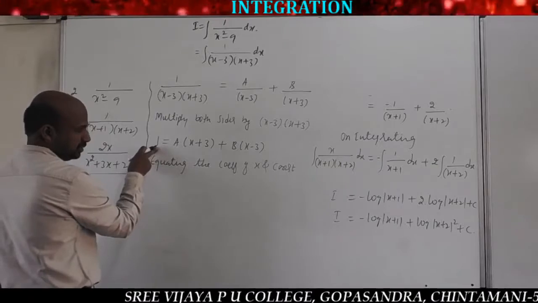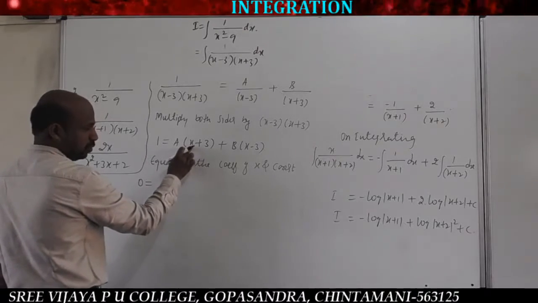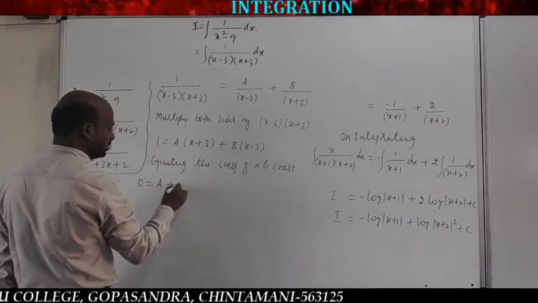So here there is no x, so it is 0. Here a into x, so the coefficient of x is a. Here b into x, the coefficient of x is b.